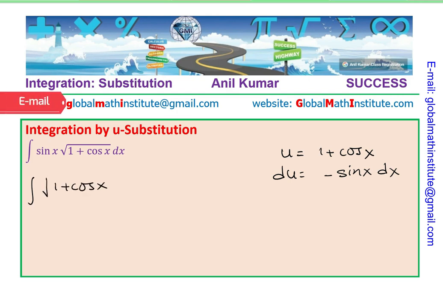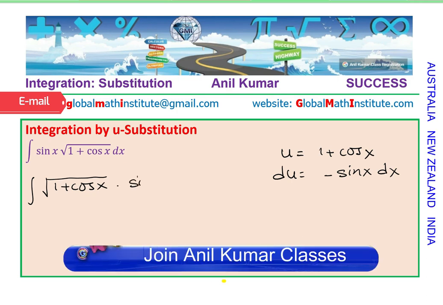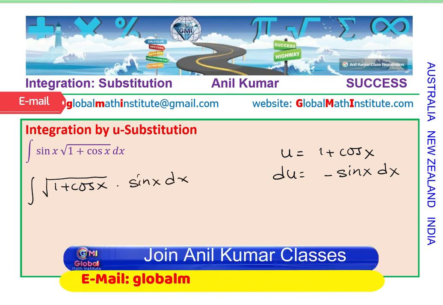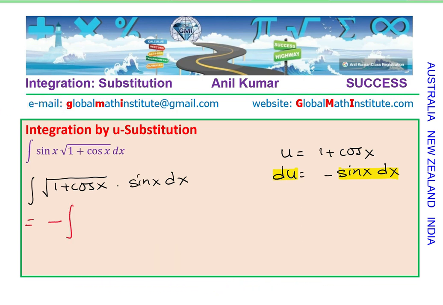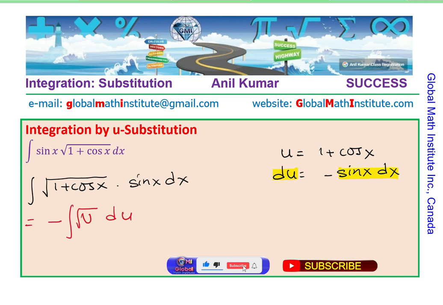I'm just rearranging, not really required, but just to make it absolutely clear. So you see, we have sin x dx as minus du. Therefore, when you rewrite this, minus, don't forget that, and square root of 1 plus cos x is square root of u now, and du. Makes sense, right?